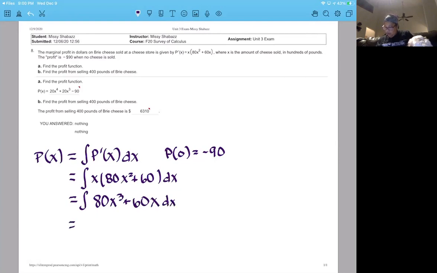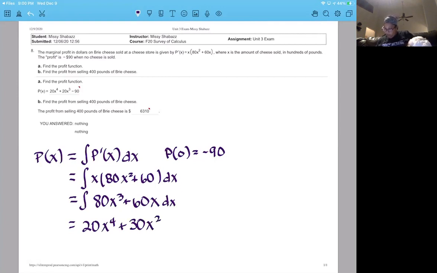So if I integrate, I get 80 over 4, which is 20x to the 4th, plus 60 over 2, which is 30x squared.